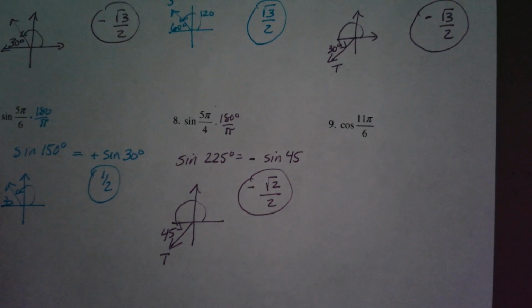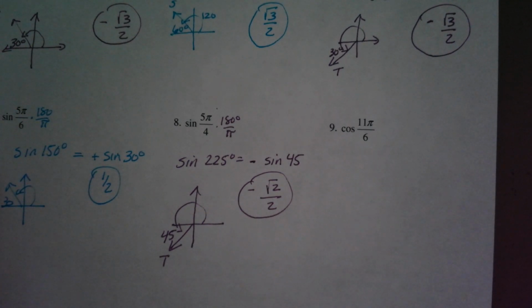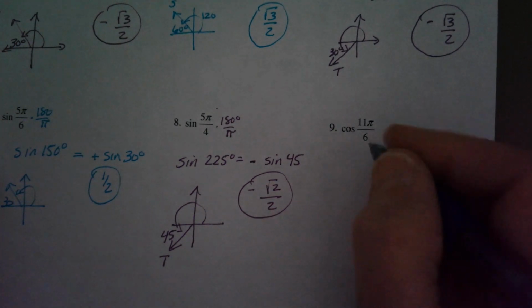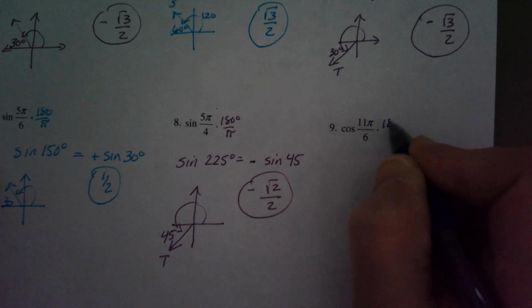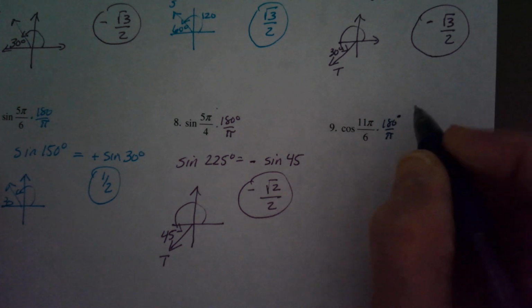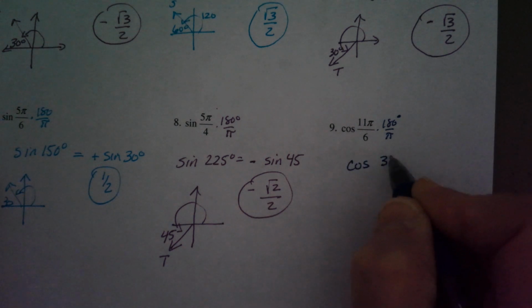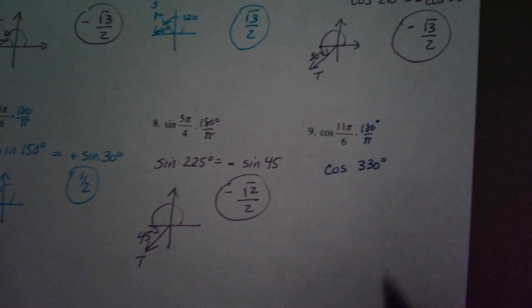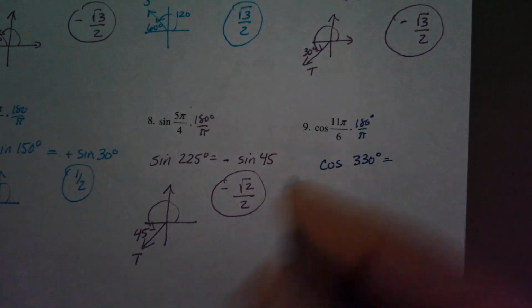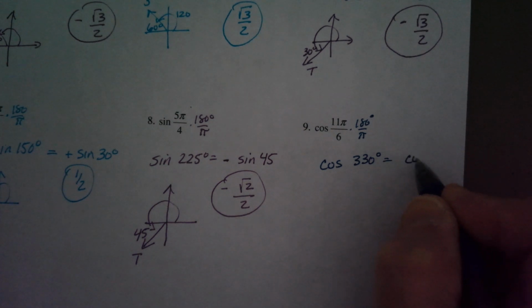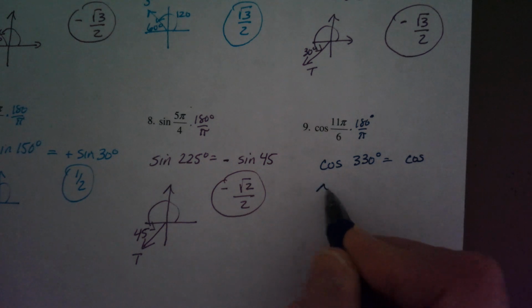And our last one, cosine of 11 pi over 6. That's 330 degrees. Cosine of 330 degrees is going to equal positive or negative cosine of the reference angle.